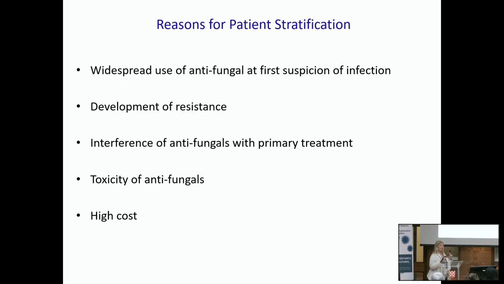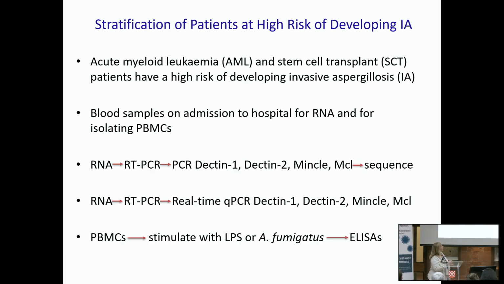And what was more relevant when we did this study is the high cost. It used to be about £1,000 a day per patient for antifungal drugs. I think that has gone down considerably now because a lot of the patents have expired. But for the study that we did, we got samples from AML patients and bone marrow transplant patients on their first admission to hospital.